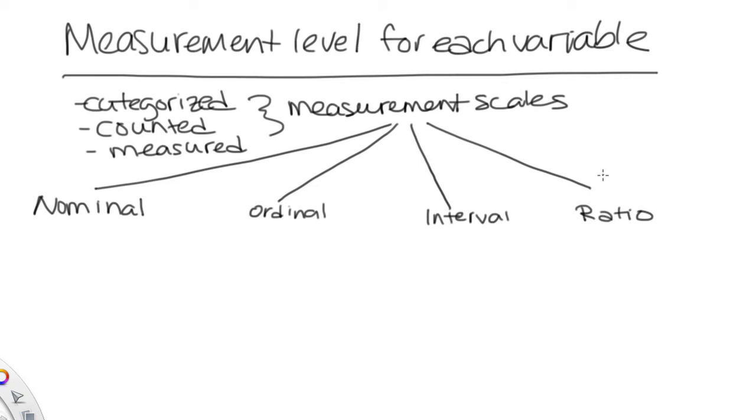The first level of measurement is called the nominal level of measurement. For example, a sample of college instructors classified according to subject taught, could be English, history, or mathematics, is an example of nominal level.